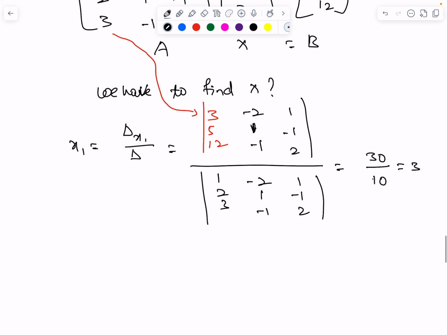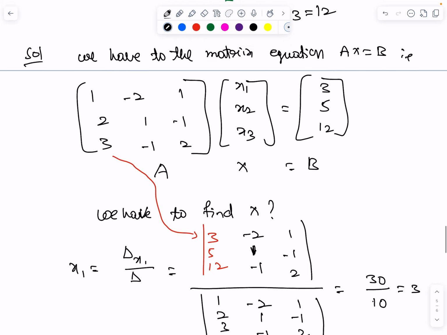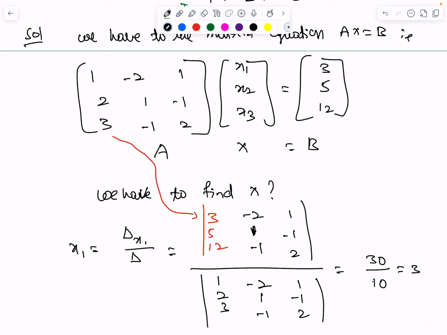Similarly, to find x2, it is equal to del x2 divided by delta. Now you are replacing the second column of A by the entries of B, and the rest of the columns are unchanged.